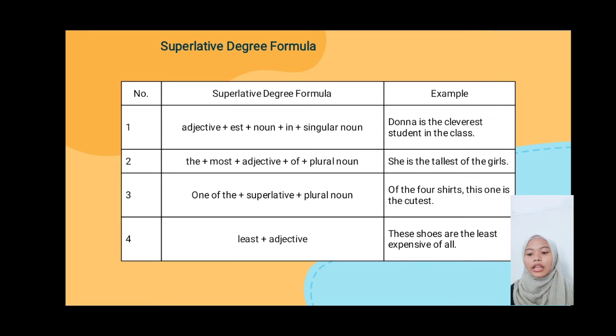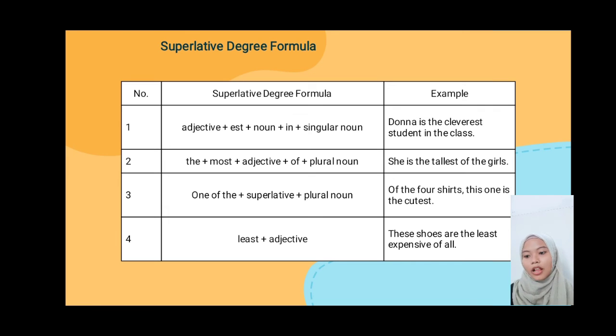Example sentence, she is the tallest of the girls. And number 3, one of the plus superlative plus plural noun. Example sentence, of the first set, this one is the cutest. And the 4, the least plus adjective. Example sentence, these shoes are the least expensive of all.